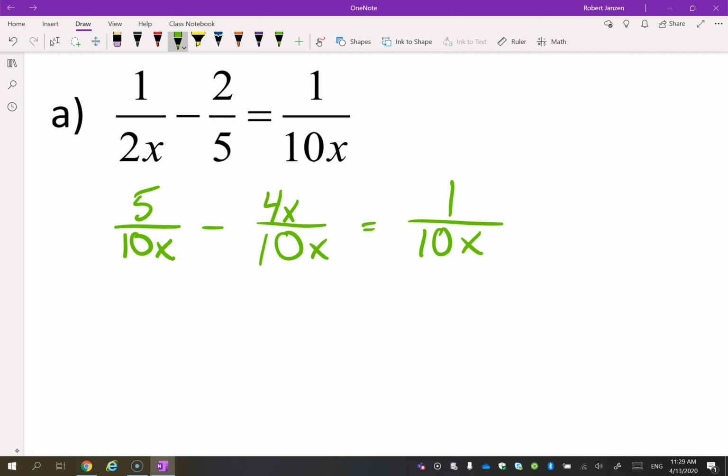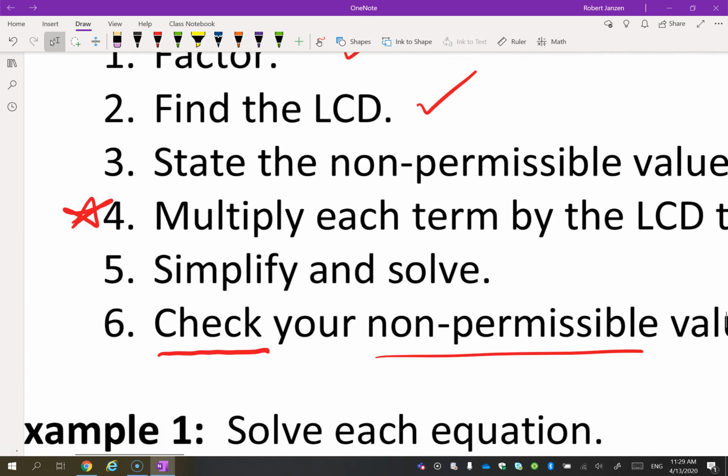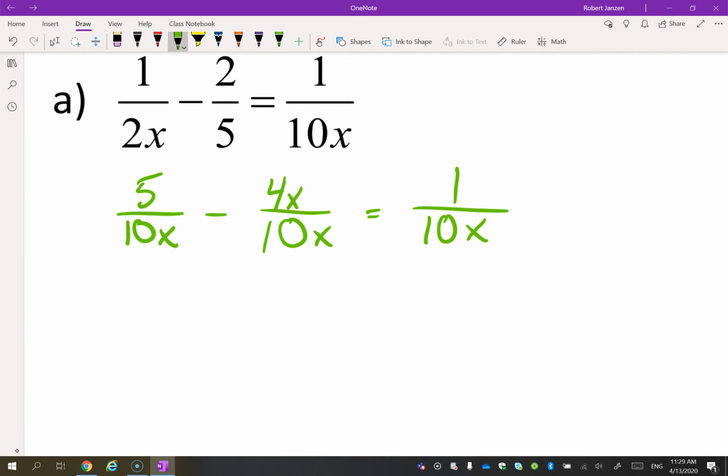Okay? So I now have common denominators. If you look up here, the next step is going to be to state the non-permissible values and then multiply by the lowest common denominator. Okay? So at this stage, we'll say x cannot be 0. And then what I'm going to do is I'm going to multiply the whole thing by 10x.